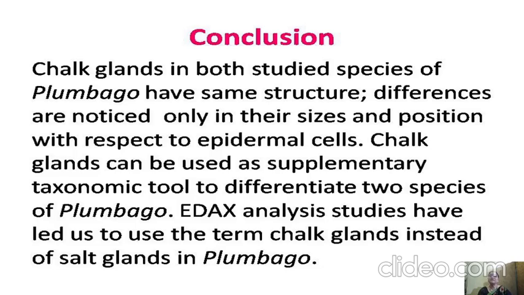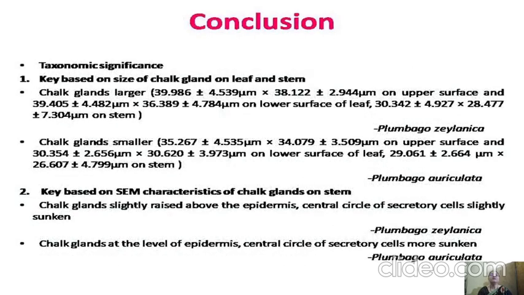EDX analysis studies led us to use the term chalk glands instead of salt glands in Plumbago because it shows presence of adequate amount of calcium and absence of sodium and chlorine in salt crystals and also in secretion of some chalk glands. This is the taxonomic key which we can use to delineate two species of Plumbago, Plumbago zeylanica and Plumbago auriculata.